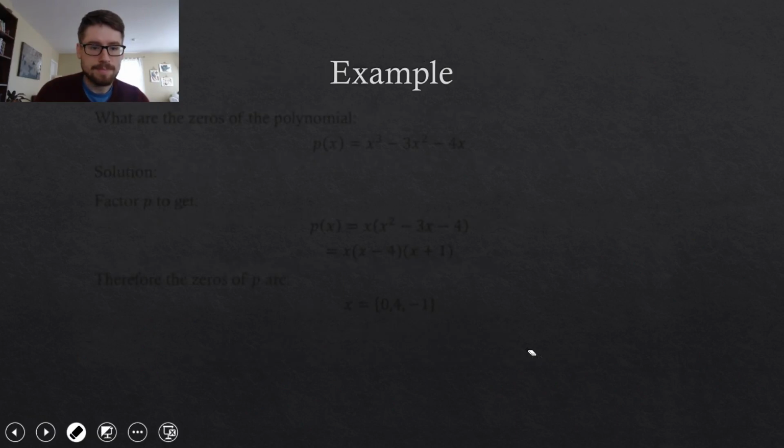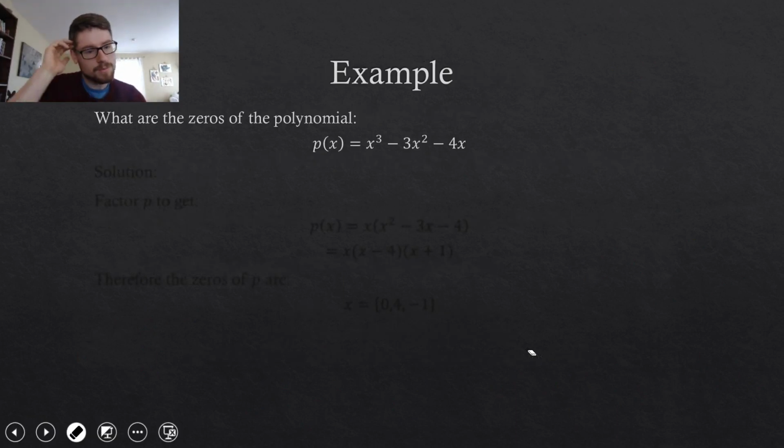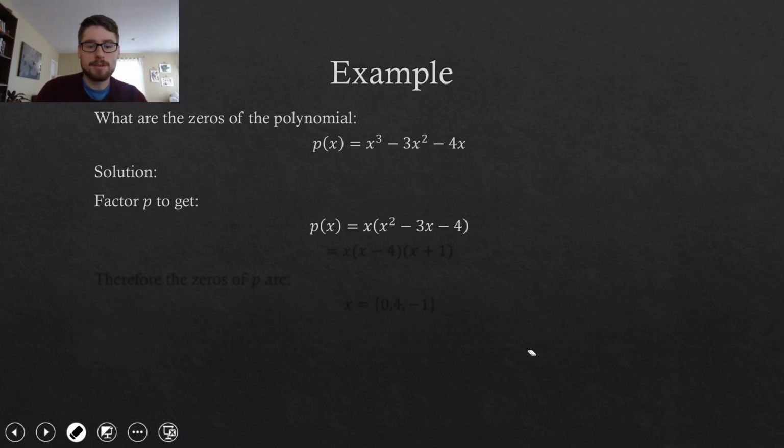Okay, let's do an example. What are the zeros of the polynomial x cubed minus 3x squared minus 4x? Our solution, how we're going to find these zeros, is to factor p. This is actually going to factor like a quadratic will, because we need to pull out a greatest common factor first.